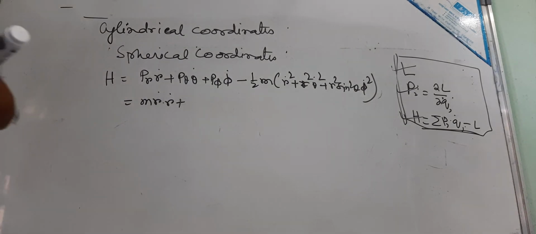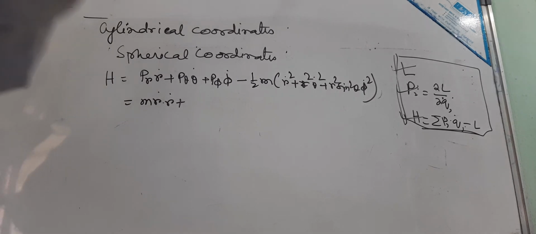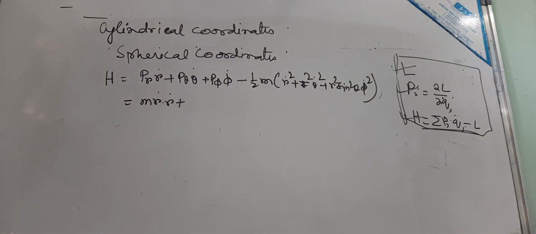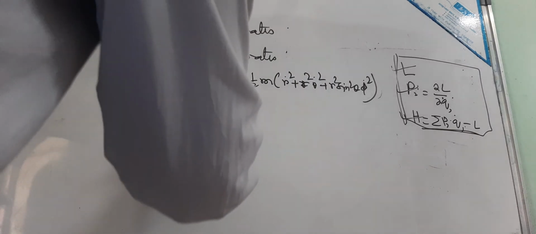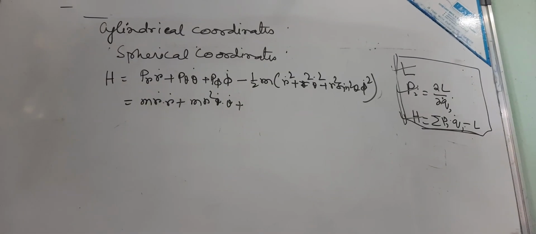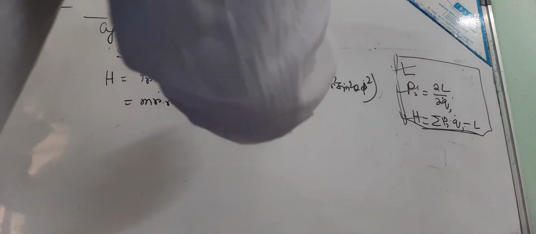P theta is m r square theta dot, so m r square theta dot into theta dot, plus P phi. P phi is m r square sin square theta phi dot, into phi dot, minus half m (r dot square plus r square theta dot square plus r square sin square theta phi dot square).